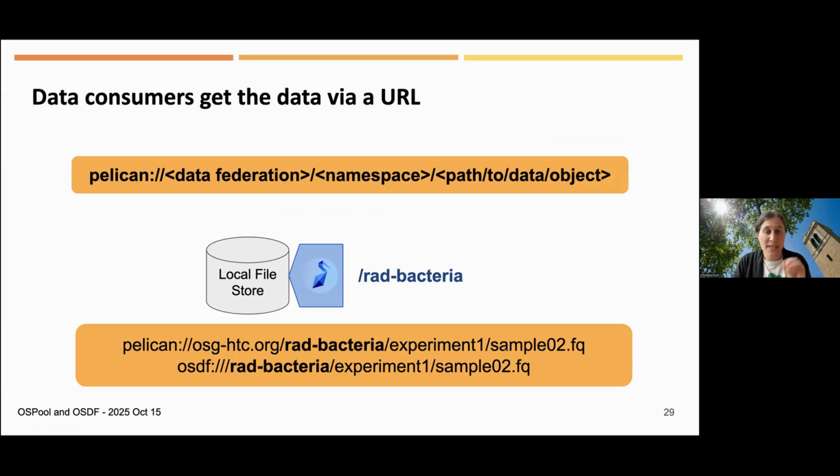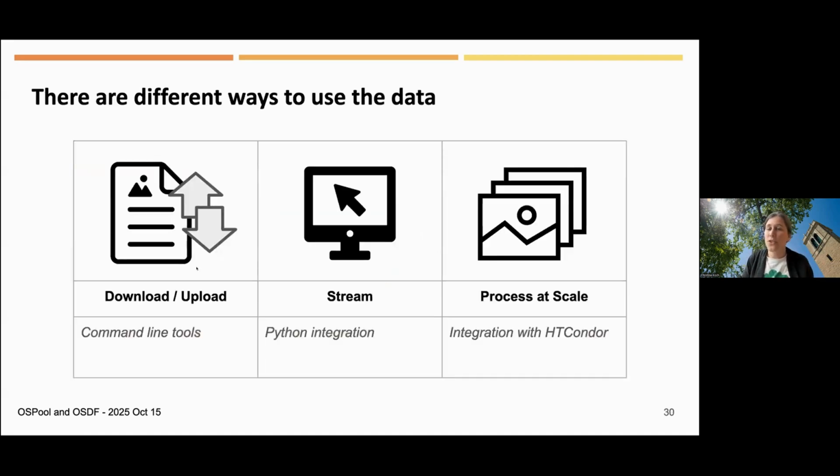For the OSDF specifically, there's a shortcut URL where you can combine these first two pieces into this single osdf://. But all that the person using the data needs to know is this information: what's the data federation, what's the namespace, and what's the name of the file. And then they can access that data in a couple different ways. So they can use a command line tool, the Pelican command line tool, to upload and download and look at things.